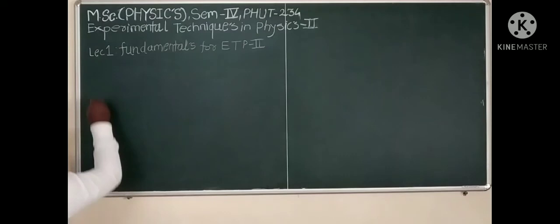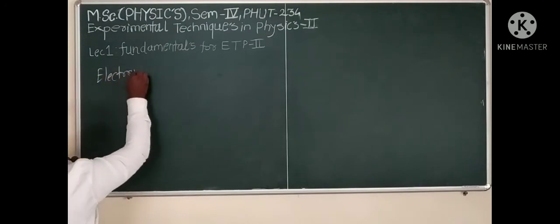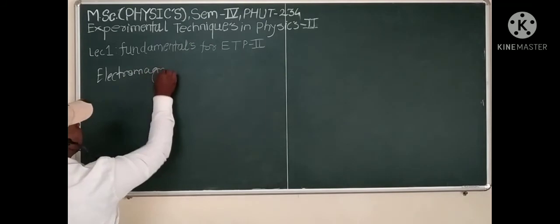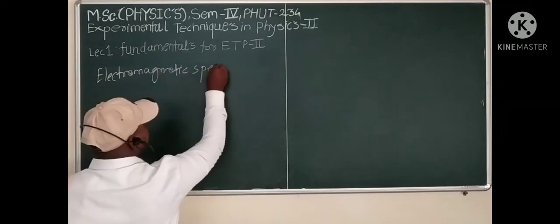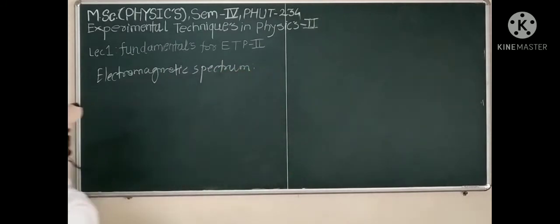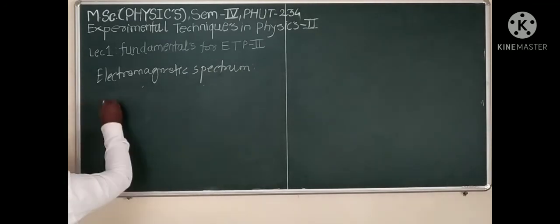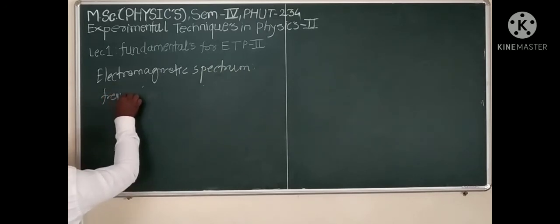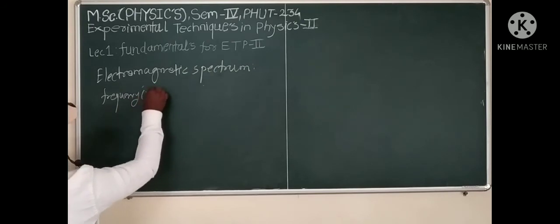So now, the electromagnetic spectrum is divided as the first column for frequency, which is measured in hertz.